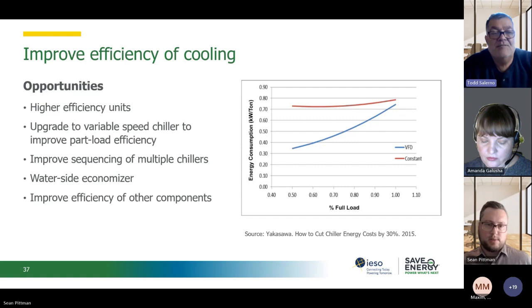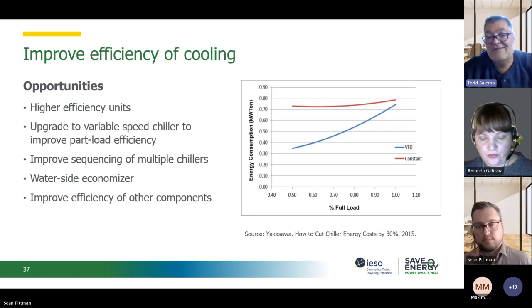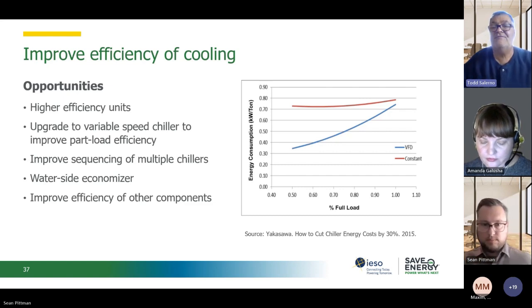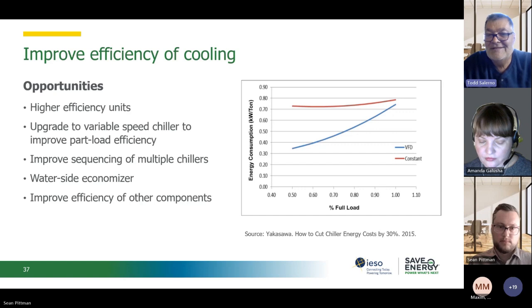Yeah, it's an important slide because it also shows the importance of baselining. If you baseline and look at the hours at certain loads throughout the year, you may find that your existing chiller is oversized. I don't think I've ever come across undersized chiller systems, and no one gets in trouble for oversizing, and you don't really notice it, except from an energy point of view.